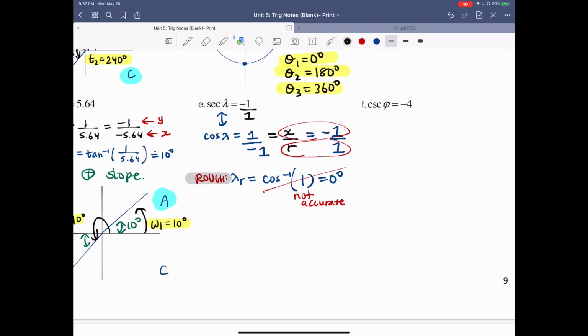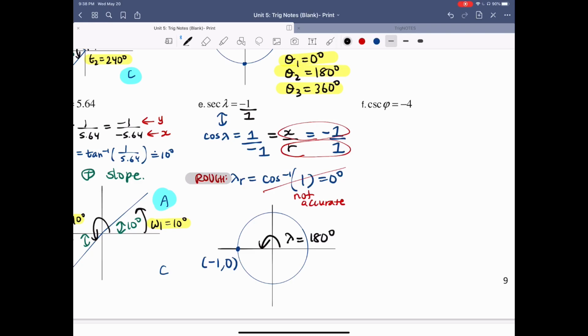So if I draw my x and y axis with my circle, where is x negative 1? It has to be here, and that forces the y to be 0. And when you interpret the angle itself, you get lambda is equal to 180 degrees.